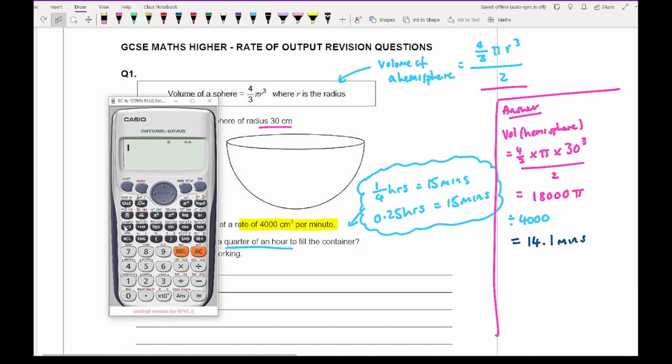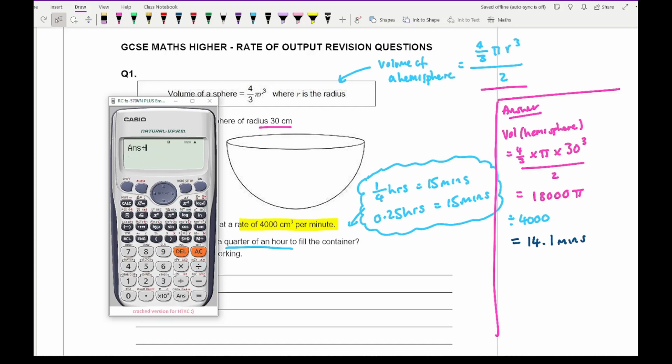So here, if I set up my fraction and then set up the fraction again, I've got 4/3 times pi times 30 cubed, and then scroll down to 2. So this gives me the volume, which is 18,000 pi.